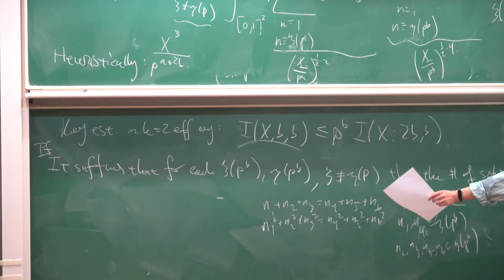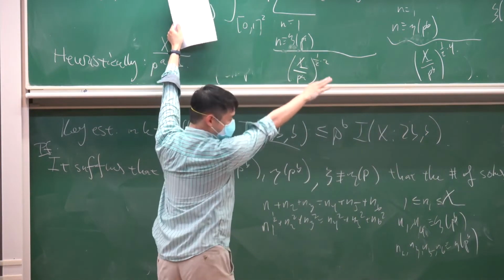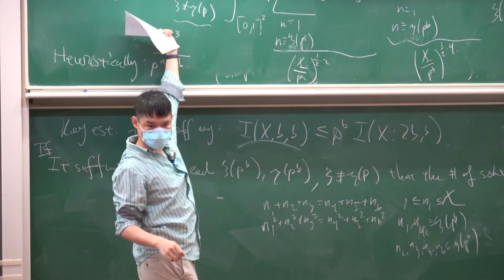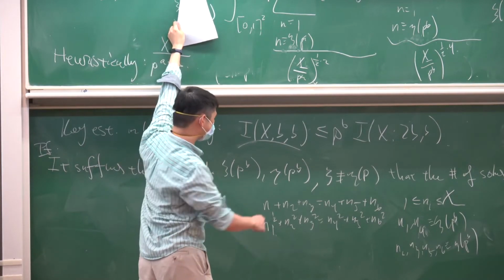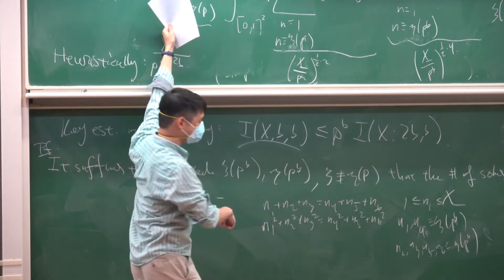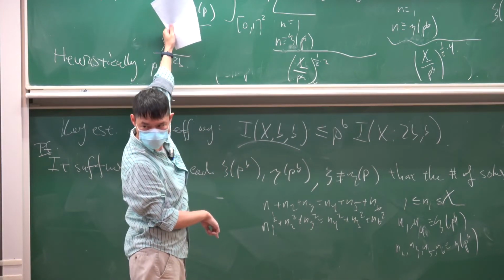Because this system exactly counts this integral when A and B are 1, and then I take a maximum. If I can show that this integral is bounded by this right-hand side, I take a maximum, well then the maximum is less than P to the B times I_2BB.